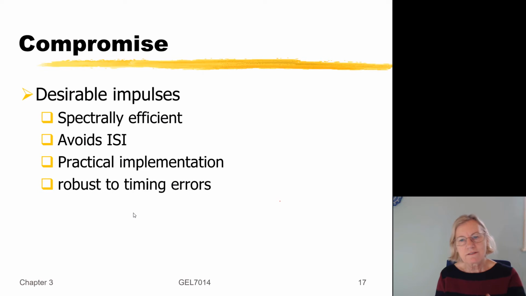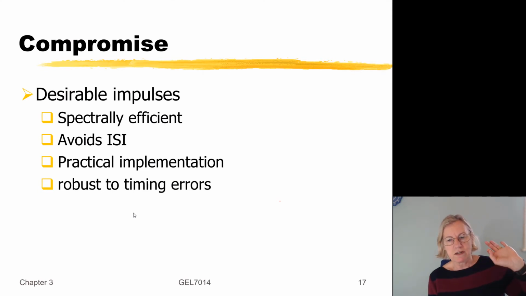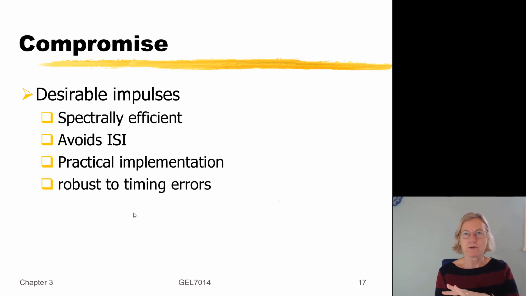So how is it that we're going to avoid ISI? So far I've talked to you about these square pulses, which look bad spectrally because the sinc function is just too wide. We looked at these ideal pulses, these sinc pulses in the time domain, which are rectangular in the frequency domain. But we haven't talked about how practical they are.